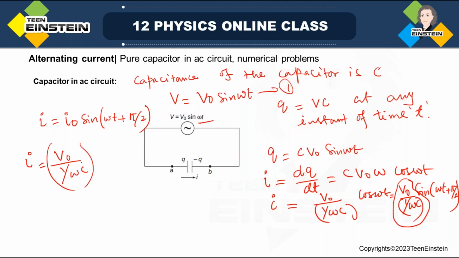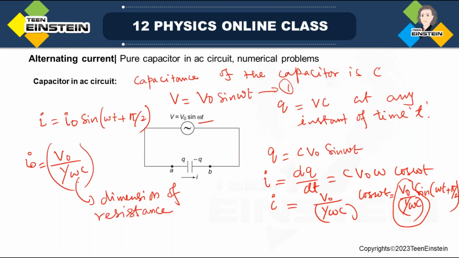So in this case, you look, V0 has dimension of voltage, but 1 over omega c has dimension of resistance.